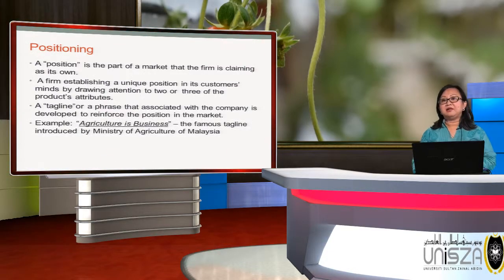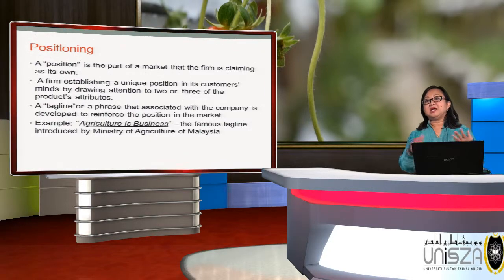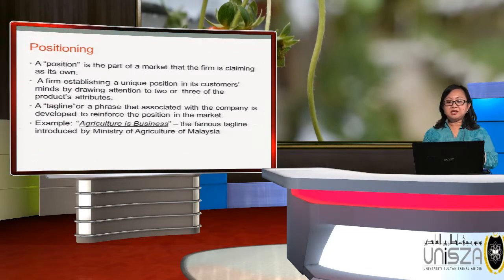For example, one tagline that is famously used by the Ministry of Agriculture of Malaysia in promoting agriculture products is "agriculture is business." At this point of time, this tagline has successfully been used by many entrepreneurs, and indeed it has created millionaires in Malaysia.